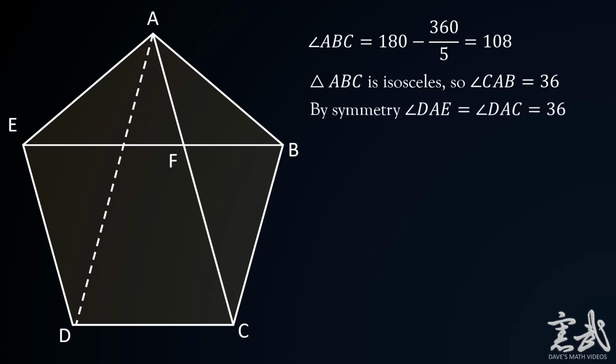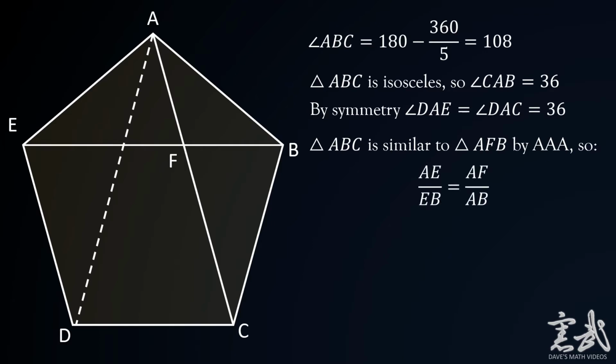By symmetry, we can also say that angle DAE is equal to angle DAC, which is also equal to 36. This yields two similar triangles, ABC and ABF, which are similar by the angle-angle-angle theorem, so we can write them in the ratio AE over EB is equal to AF over AB.